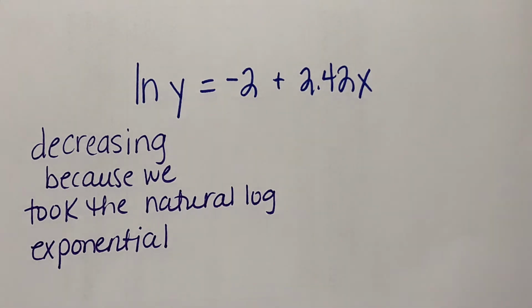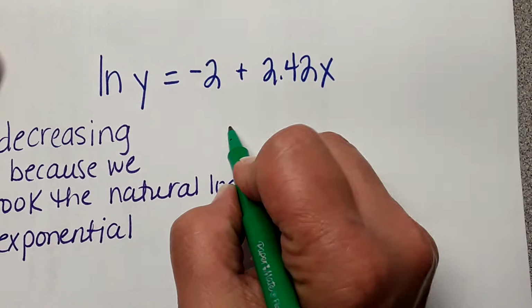Sophie knows. I'm just joking. What is the inverse of natural log? E. So am I going to do it to one side or both sides? So we're going to take E of both sides.